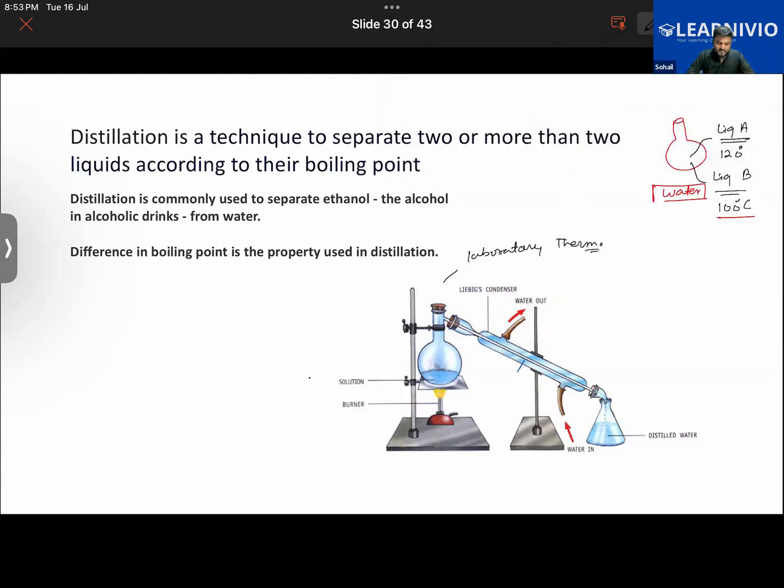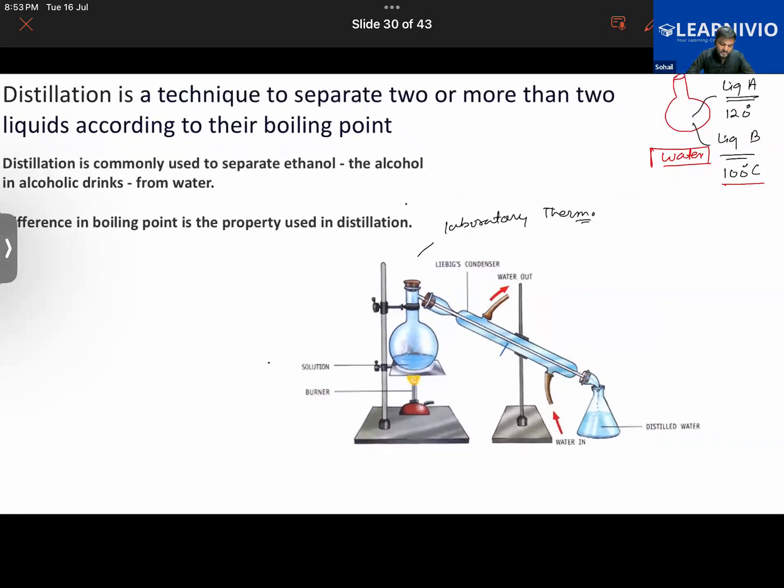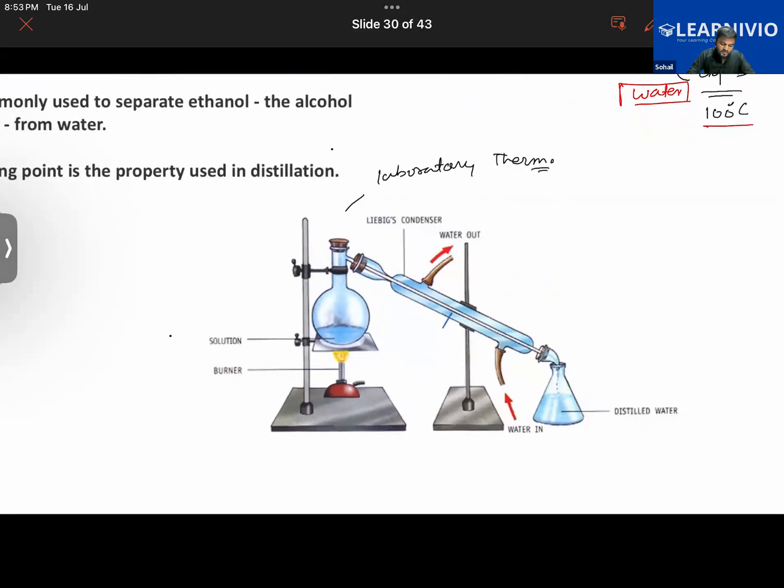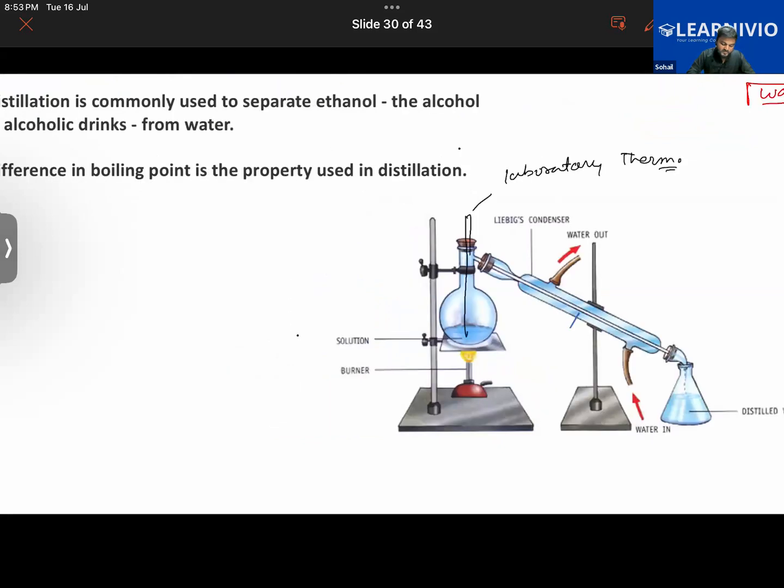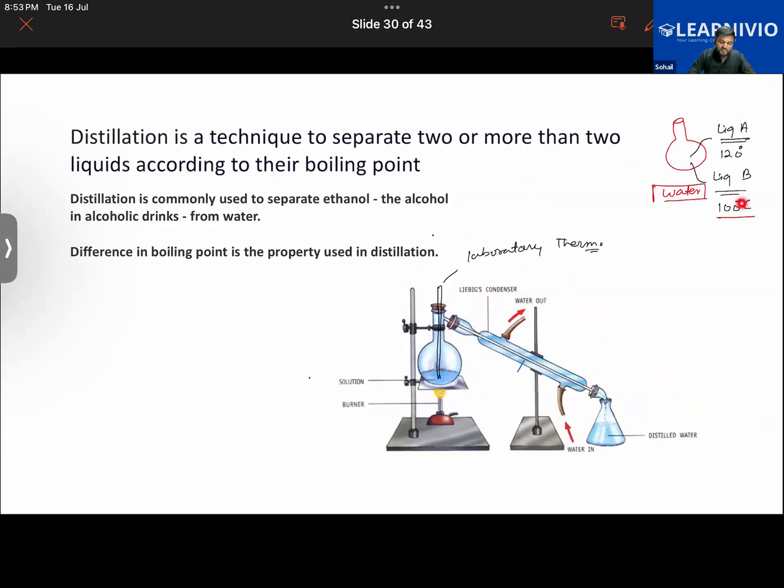I was saying that in this glass, we have taken a mixture of two liquids A and B, and their boiling points are different, namely 100 degrees Celsius and 120 degrees Celsius. We want to separate these liquids from each other. So first, we maintain the temperature of the mixture at 100 degrees Celsius.